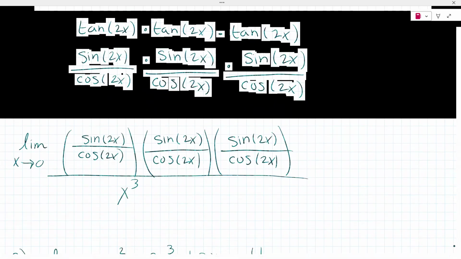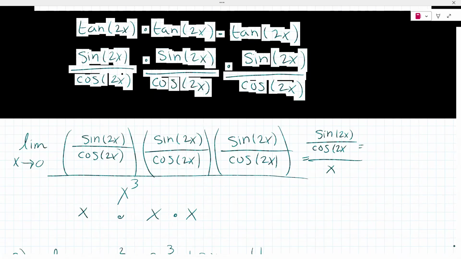Let's see. We're dividing each term by x cubed. So just for one of them, sine of 2x over cosine of 2x, if we just divided by x, this is just one because we're dividing each term. x cubed is the same thing as x times x times x, right? We have a complex fraction.